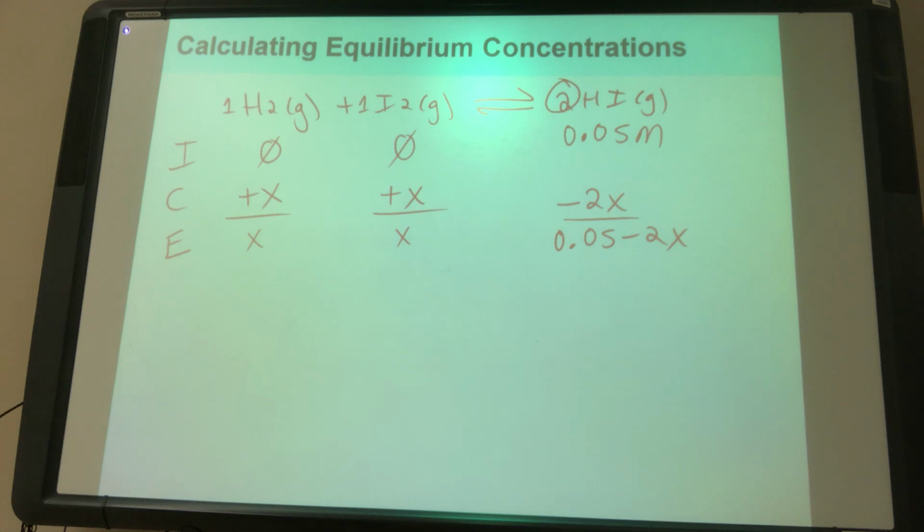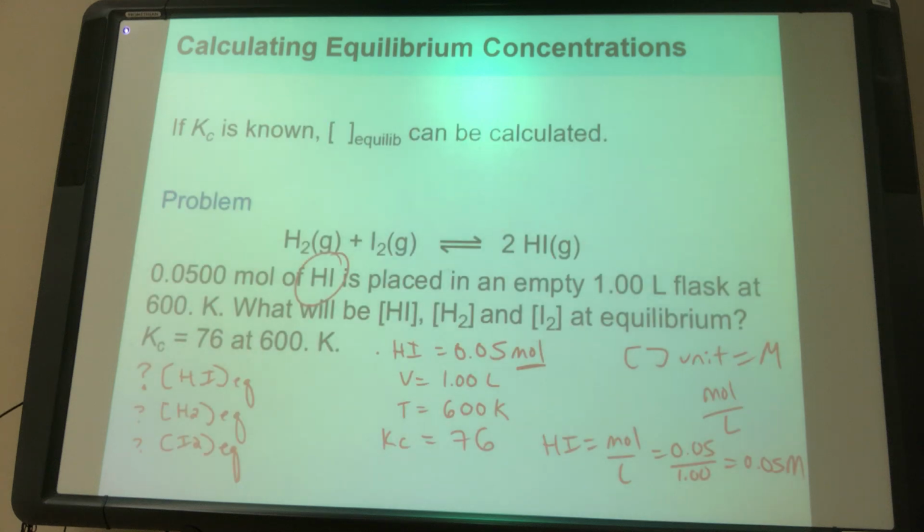Very similar to what we did before, okay? But now we have to solve for our x. Before we used an equilibrium, but they didn't give me an equilibrium. The only thing they gave me that I haven't used is temperature and Kc. Remember, the temperature is there because when they tell me Kc, they have to tell me at what temperature, because Kc is temperature dependent.